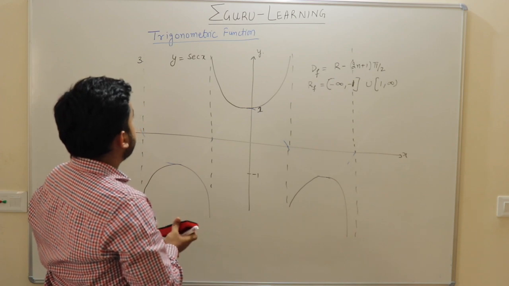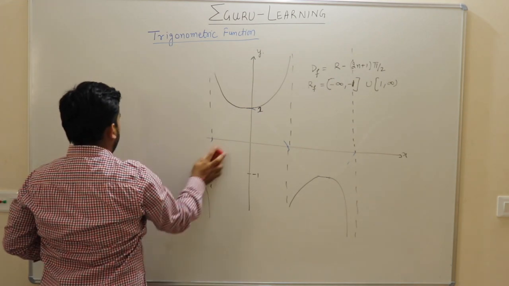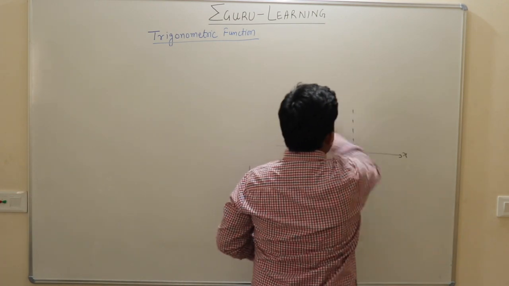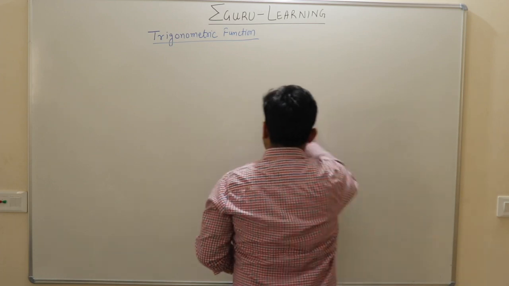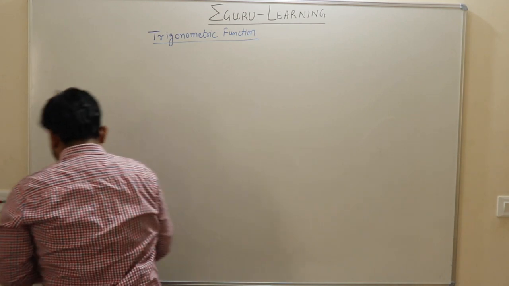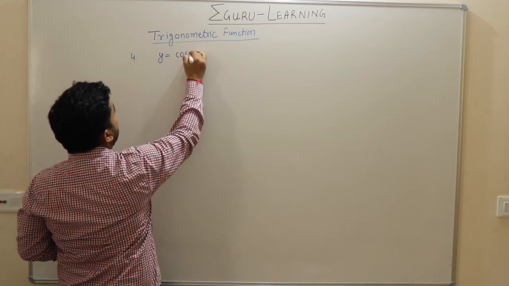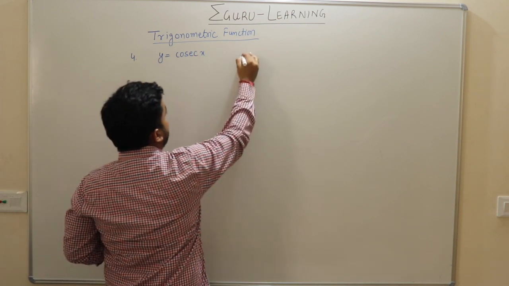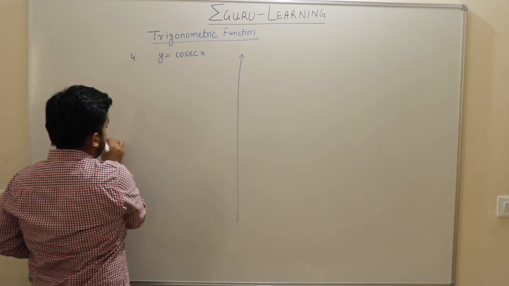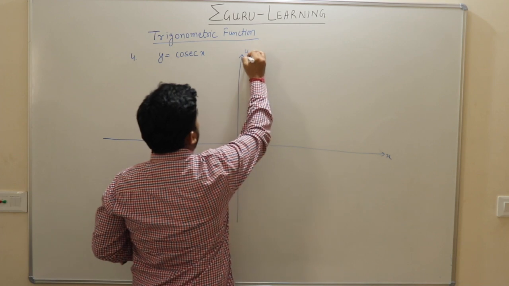Now let us quickly see the graph of y equals cosecant of x. Fourth one is y equals cosec x. This is x, this is y.